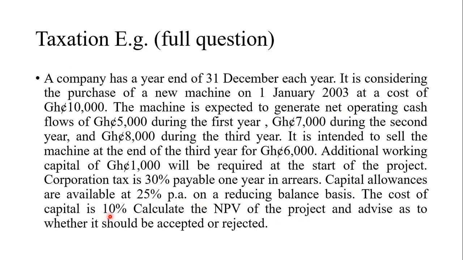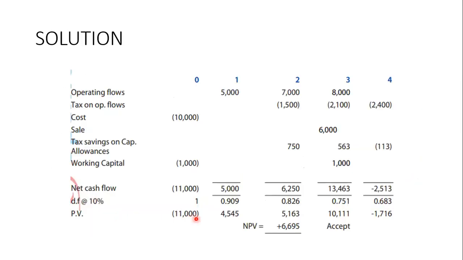So this is going to be discounted at the cost of capital of 10%. The discount factor in year 0 is always 1. Year 1, if you use the formula, you have it all. These are your discount factors. I don't need to go through these. Then you multiply your discount factor by your net cash flows, and that gives you your present value for each of the years. So it's laid out beautifully here.